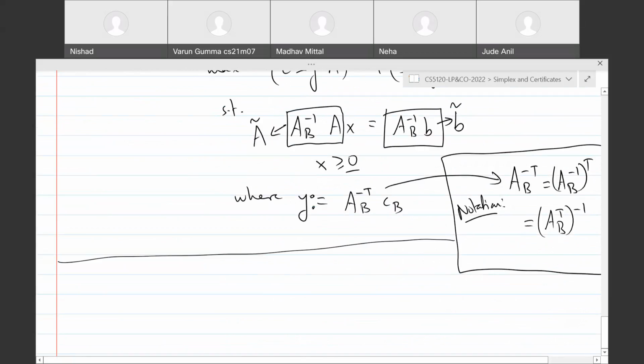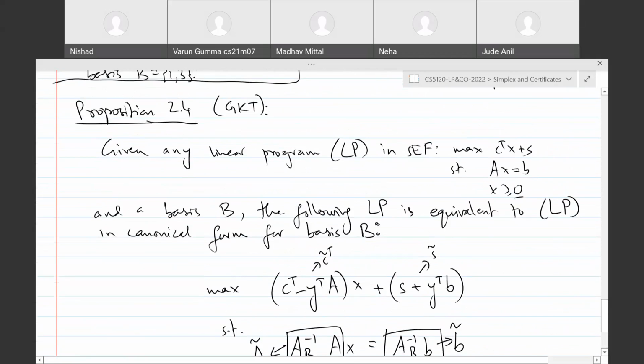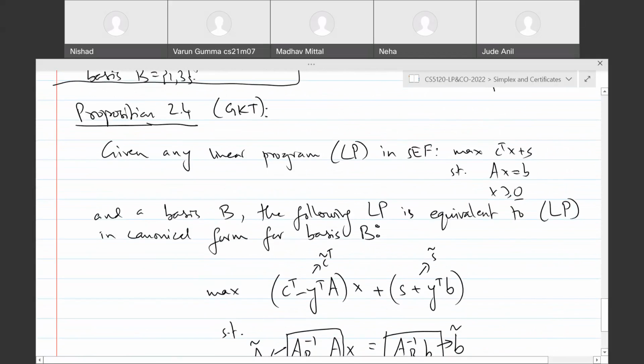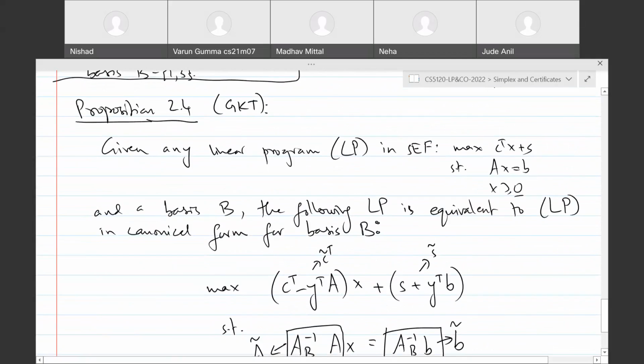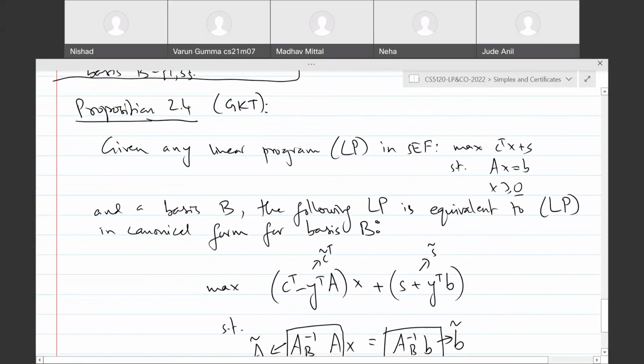Of course, the big question is, how do we find a feasible basis? Finding a basis is easy in some sense. If you don't care about how much time you take, you just need to find linearly independent columns, right? But it may not be feasible. You may not have the property that the corresponding basic solution is non-negative.